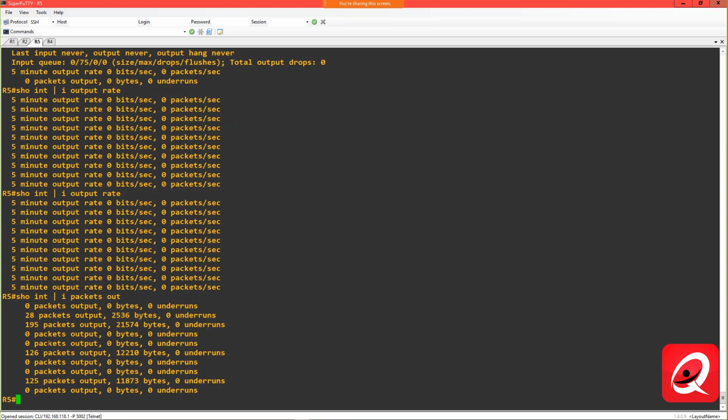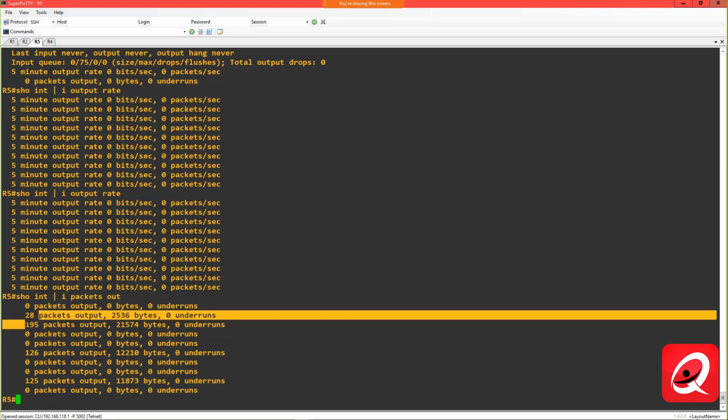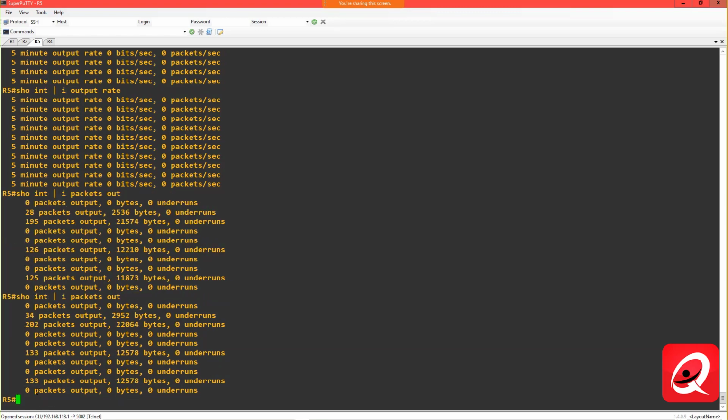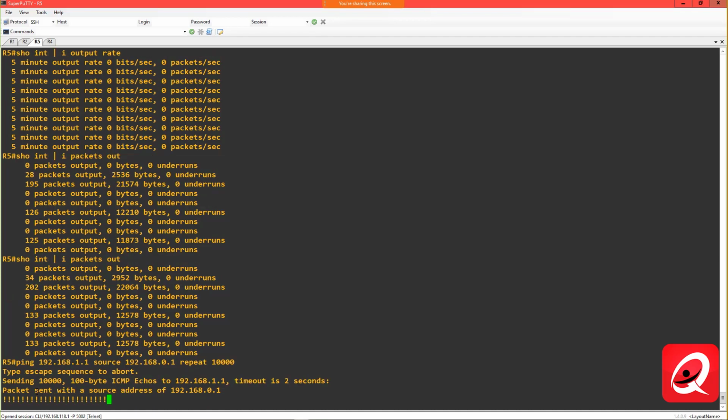So you can see it's distributed across the different interfaces, 195, 126, 125. One of those is a loopback as well, but we're definitely seeing the packets being distributed somewhat evenly. These two are probably the serial interfaces, and this is probably the Ethernet interface. So let's do the ping again.